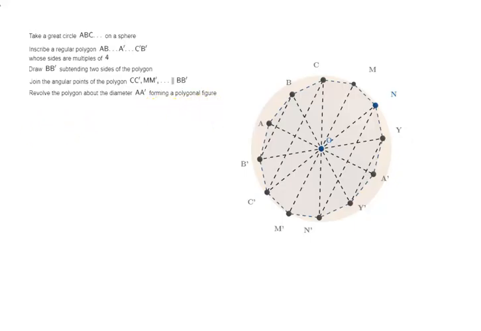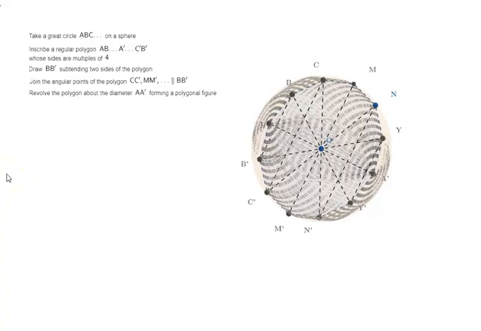So let me just demonstrate this and then I'll remove it because the diagram becomes a little bit difficult to comprehend. So this is the polygonal figure formed when we revolve the polygon about the diameter AA prime.